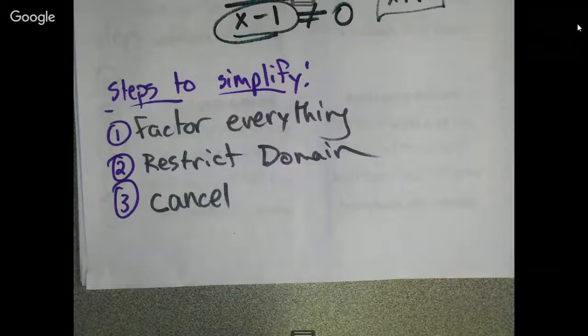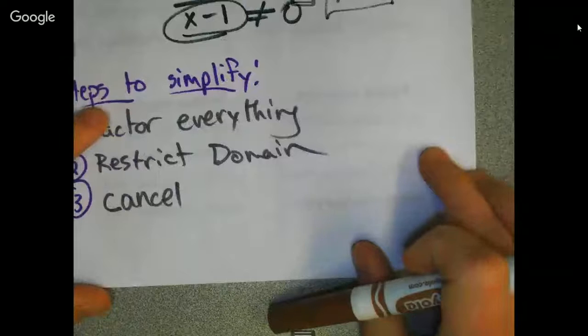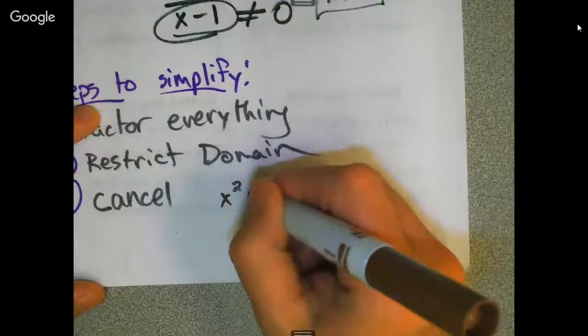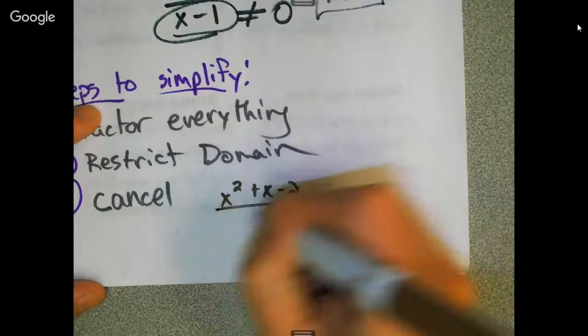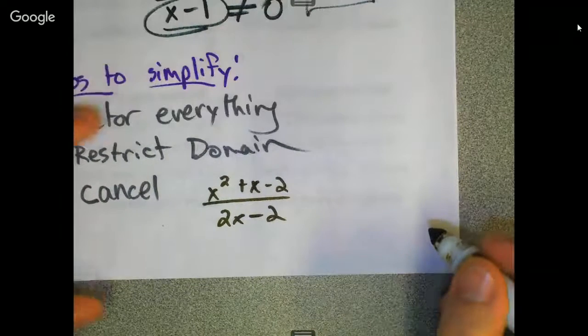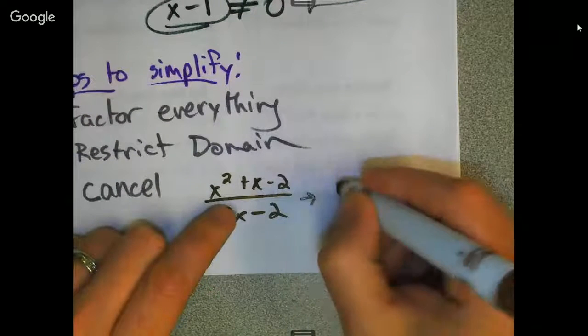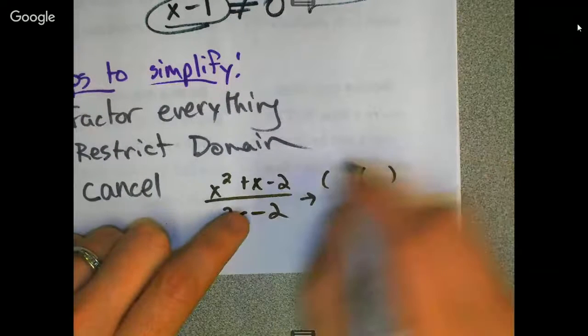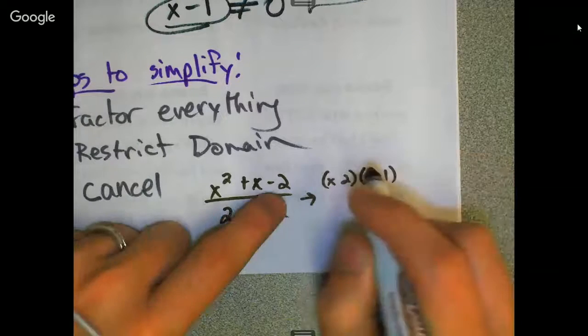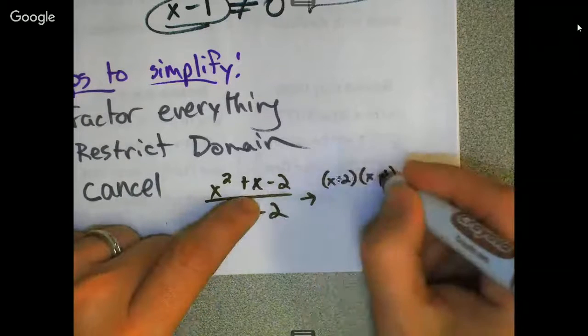So if I look at one here real quick, let's just look at x squared over this. Factor everything. So factor the top: factors of 2 that subtract to 1. That's 2 and 1, with different signs, and the bigger one is positive.